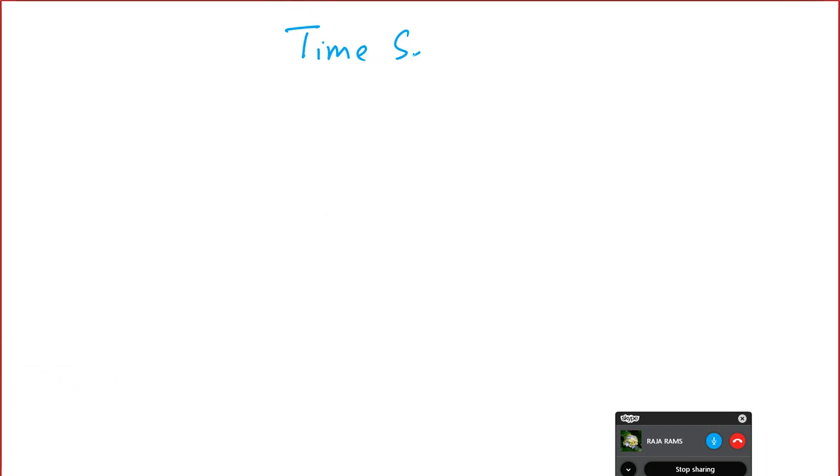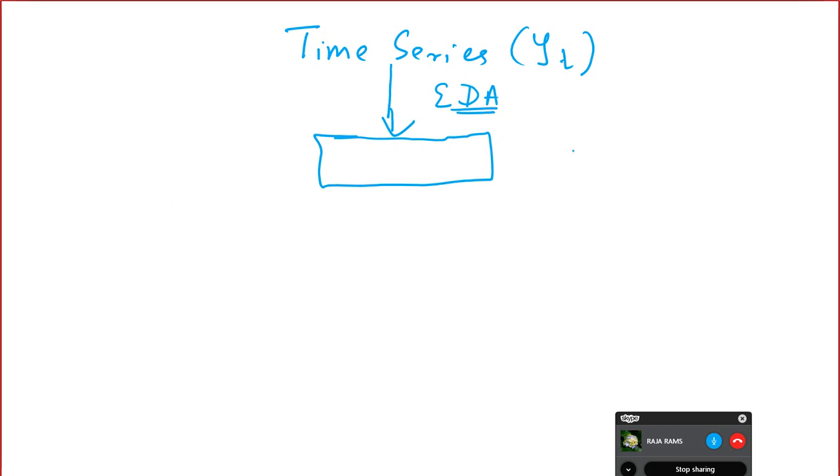So if you have time series data, the first thing that you need to do in a time series model is your exploratory data analysis. Step one. And then you do some sort of a statistical test. You do the Dickey-Fuller test to know stationarity.